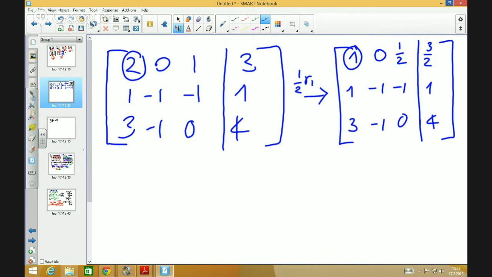Now what we want is to use the step of the algorithm that says, thou shalt have zeros below the 1. So how do we do it? We multiply the first row by -1, and then we add the resulting row to the second row. We multiply it by -3, and we add it to the last row. So let's do both things at the same time.